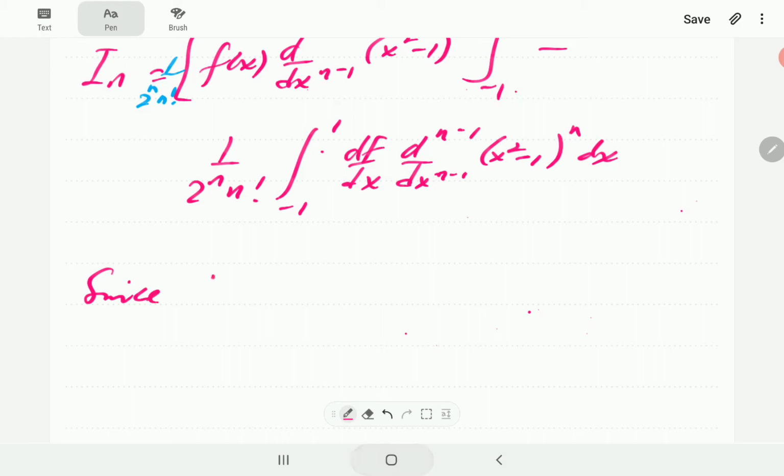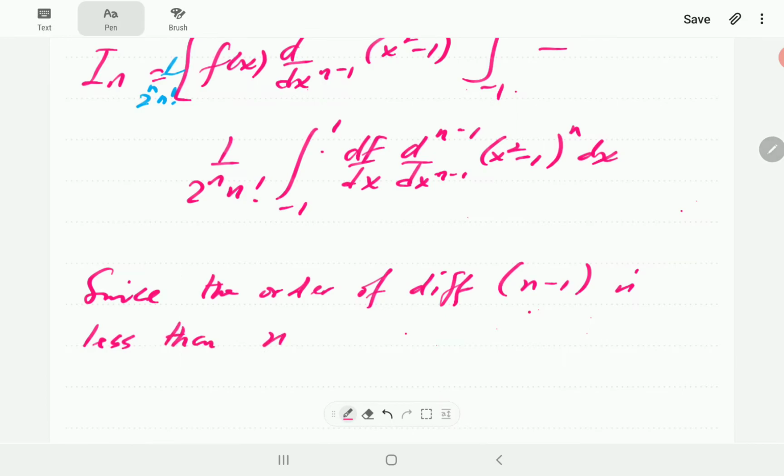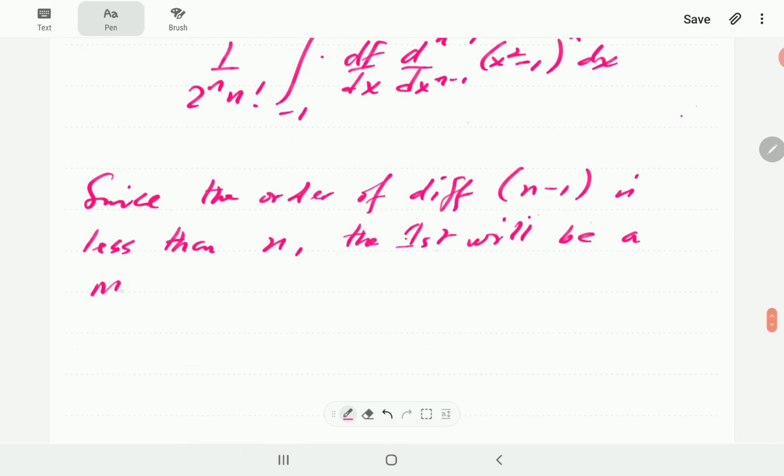Maybe I'm going to demonstrate that, but let's just write this out first. So since the order of differentiation is n minus 1, which is less than n, the power of that term, this term here will be a multiple of x squared minus 1.